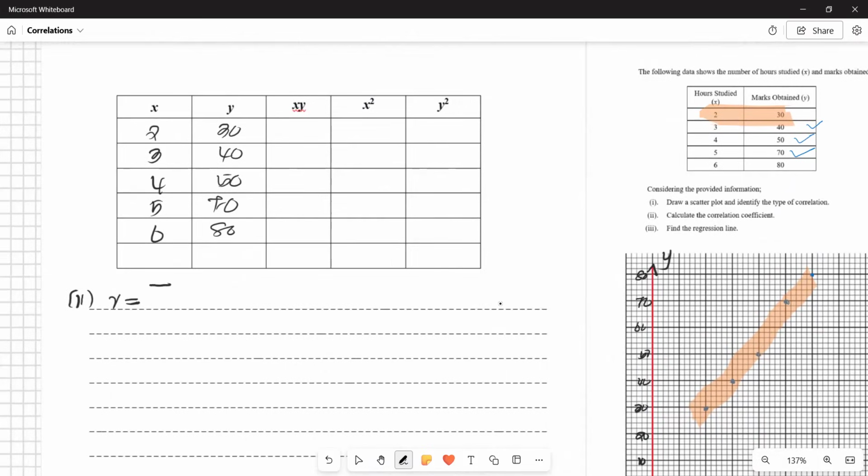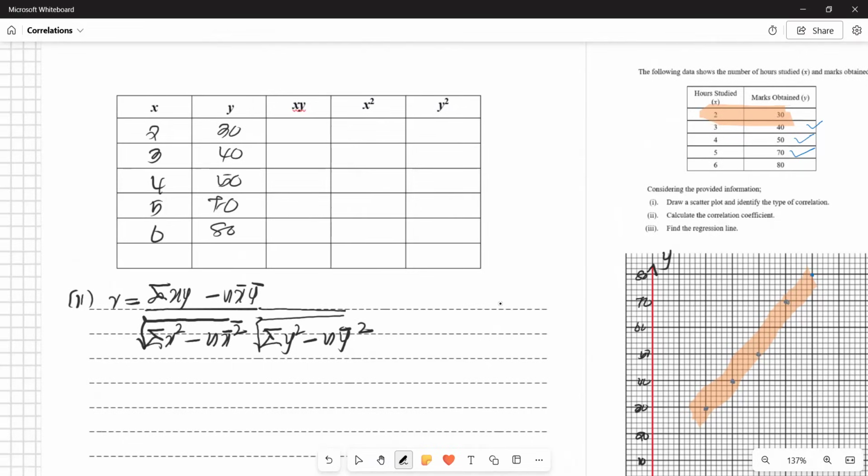This is sigma xy minus n x bar y bar, over square root of sigma x squared minus n x bar squared, times square root of sigma y squared minus n y bar squared. Some students may study a different formula, some ATIs may study different formulas, but the table calculations are the same.